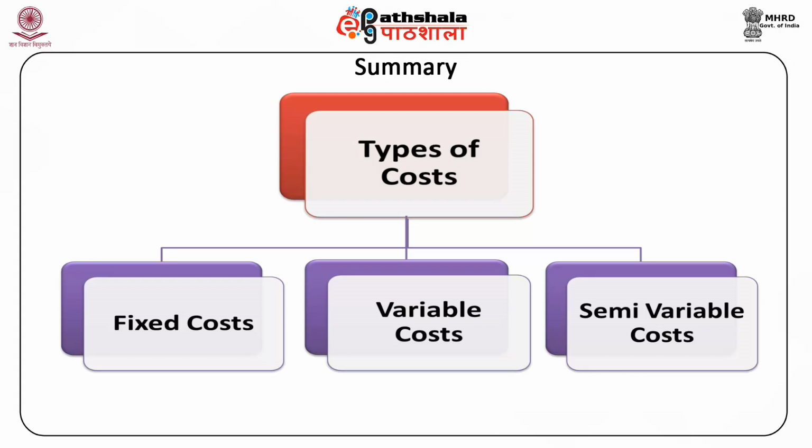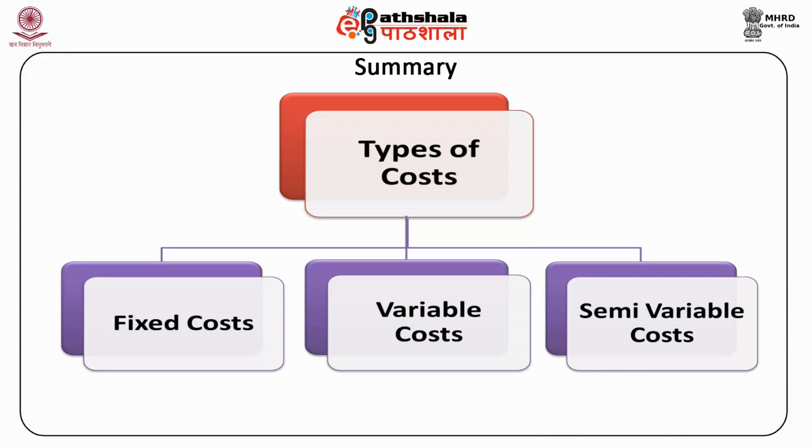Variable costs are those which vary when output varies. In fact, a true variable cost will vary in exactly the same proportion as the output. In other words, as sales increase, the variable costs increase.